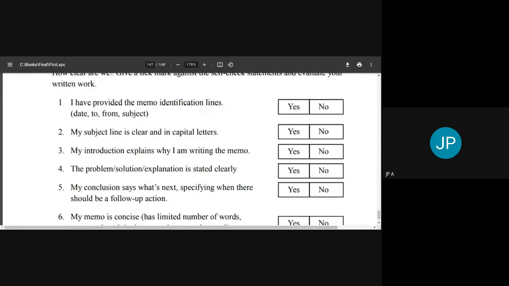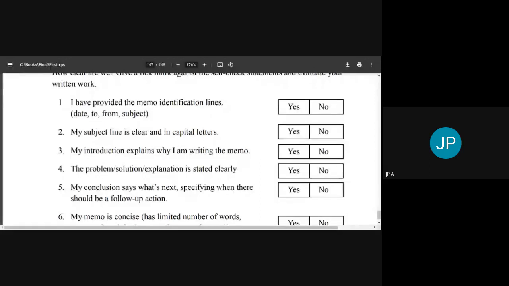My introduction explains why I am writing the memo. So the first line should very clearly explain what my memo is about. Then the problem or the solution or the explanation, depending on the kind of memo, should be stated clearly. Why should it be stated clearly? Because the memo is short. We don't have a lot of sentences to explain.